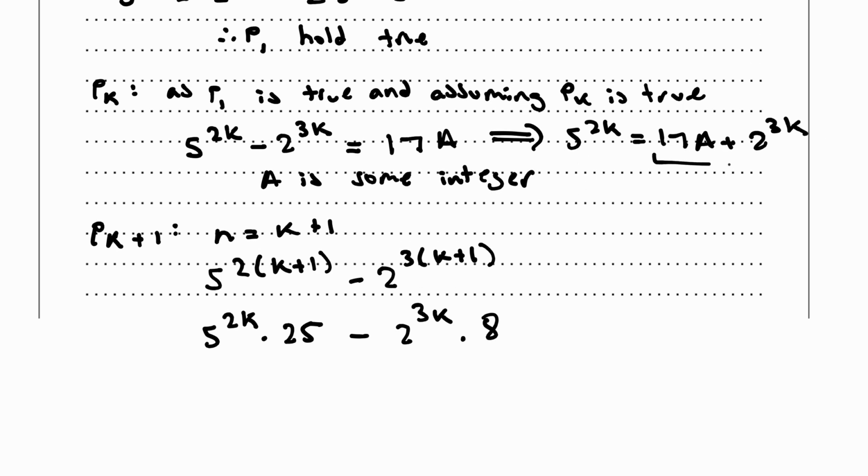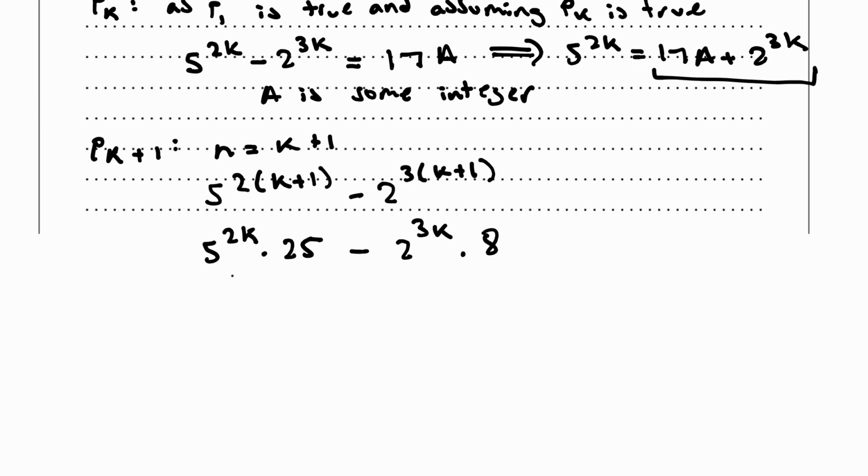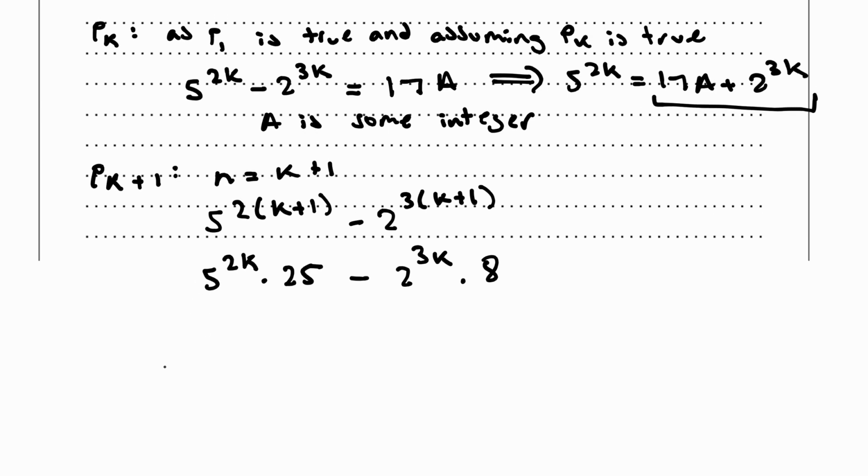Let's substitute this for 5 to the power of 2k in the P(k+1) step. So 17A plus 2 to the power of 3k, times 25, minus 8 times 2 to the power of 3k.